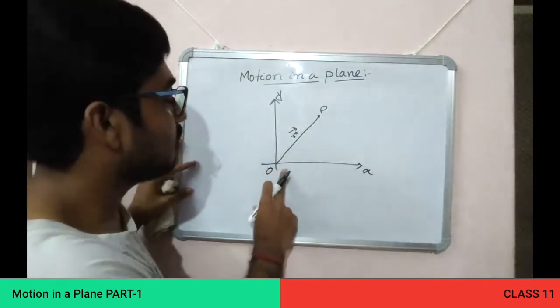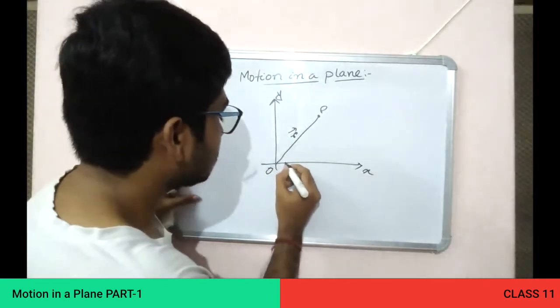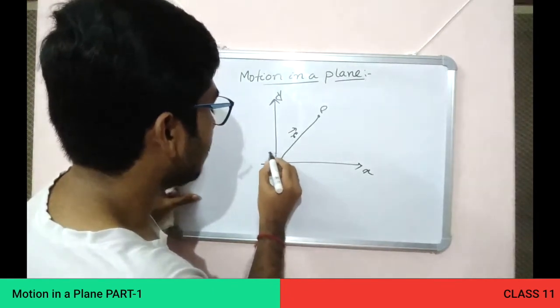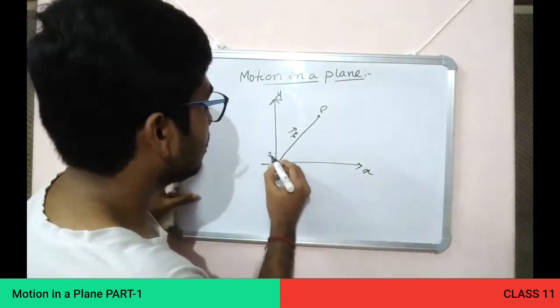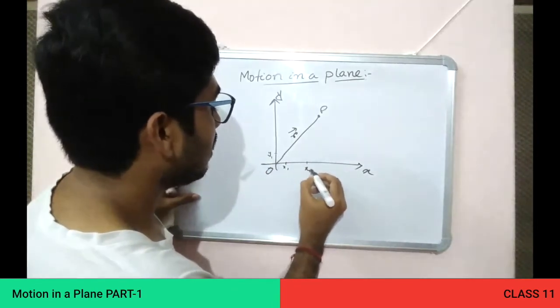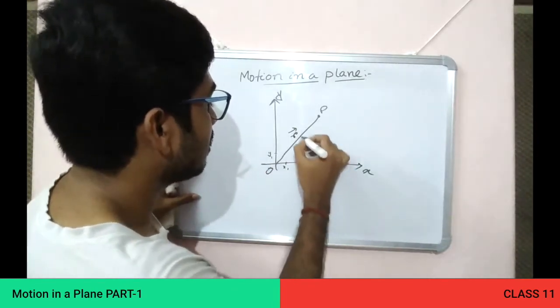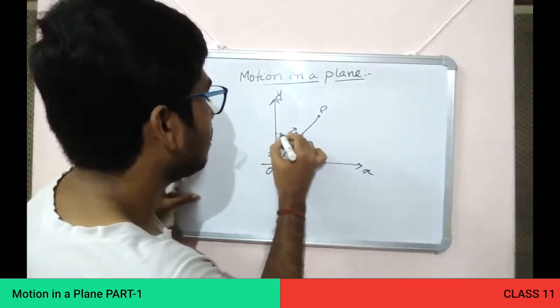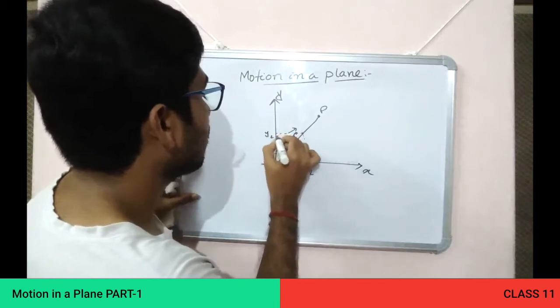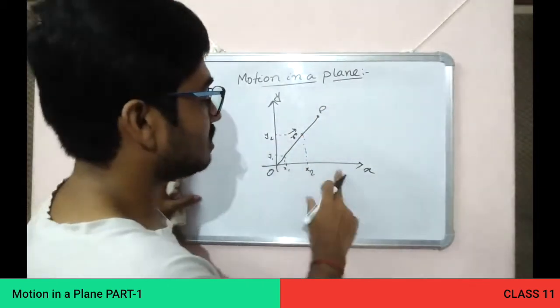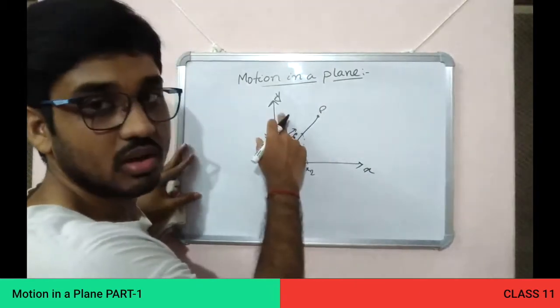When it starts moving, at some point it moves toward x and towards y. Another point, it has moved towards another little x and another little y. So at this position, it has already moved towards x as well as towards y.